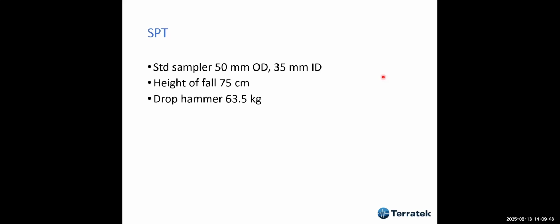That's the mass of the drop hammer, and the casing is usually 63 millimeters inside diameter. We count the number of blows to penetrate 30 centimeters. As a matter of fact, we drive in 3 sections of 15 centimeters, and we use the last 2.